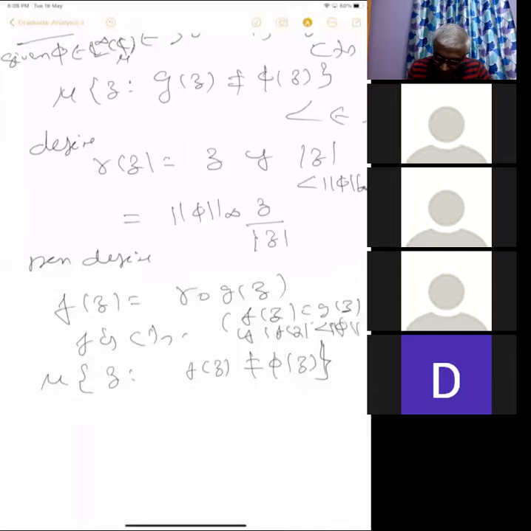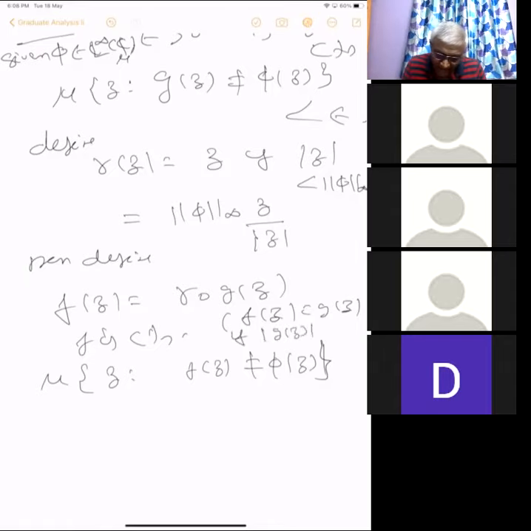But g of Z can be greater than norm phi infinity, and there also it can be equal to phi of Z.